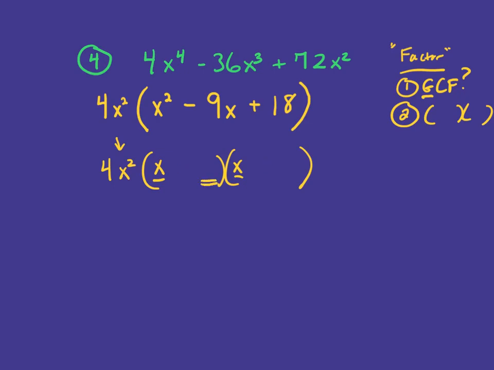And the last 2 things have to multiply to be positive 18. So on the side here, 1 times 18, 2 times 9, 3 times 6. 4 doesn't go into 18, 5 doesn't go into 18, and then we're back up to 6 on the right side. So we need a pair that adds to be negative 9.